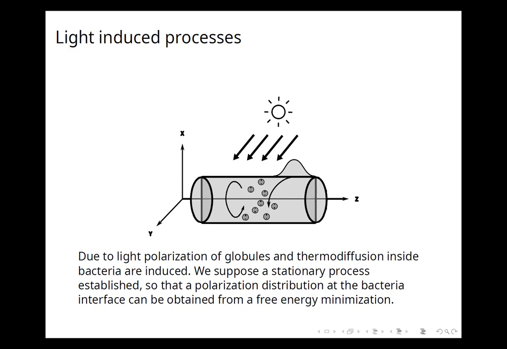They have some non-uniform distribution, and this non-uniform distribution at the interface of the bacteria causes the appearance of a deformation, which can be like a soliton, and thus it evolves along this bacterial interface.